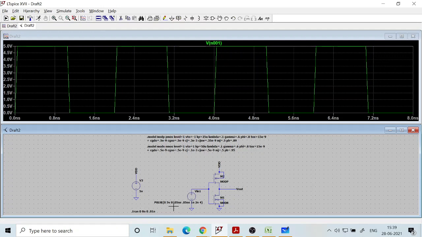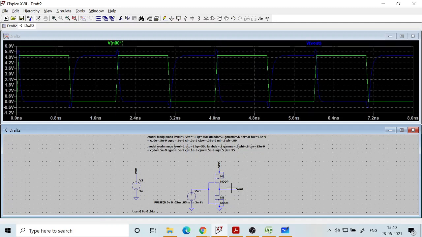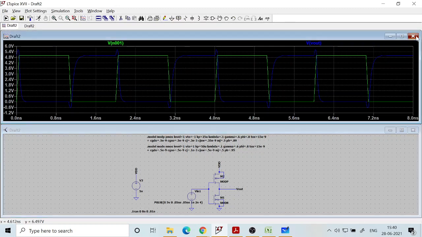Then yeah, so now we will see the output. Okay, so now it's slightly better, but it is still difficult to measure, say, rise time and fall time at the output. So let us further reduce.